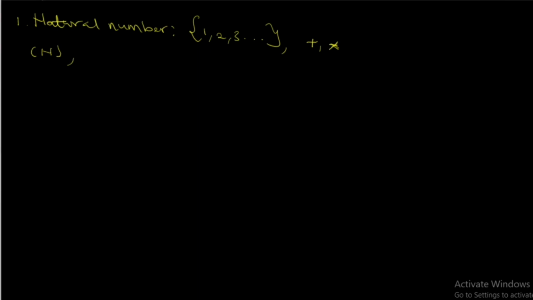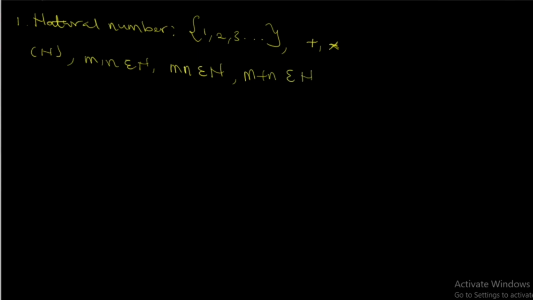So we have elements m and n. Let them be elements of natural numbers. This means that when you multiply m times n, it should also give you an element which is in the natural numbers. And also when you add m plus n, it should also be an element from what?